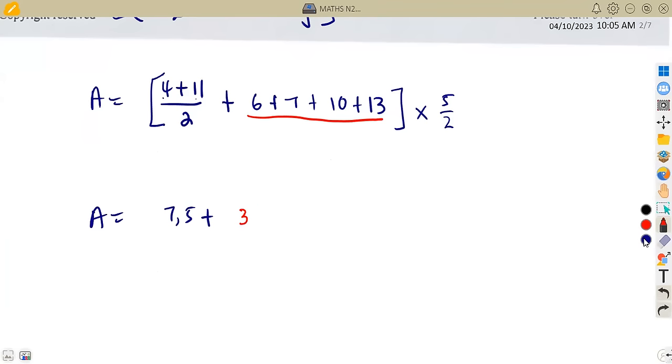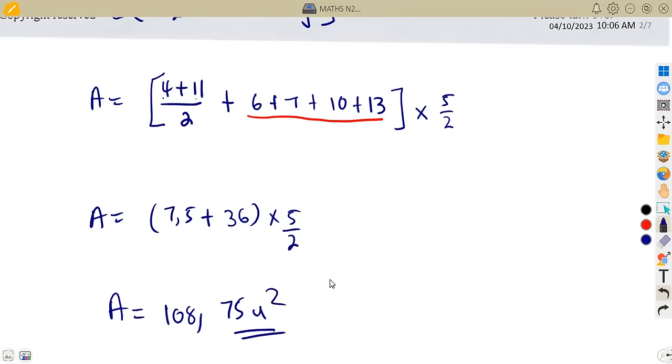Whatever we obtain here, we multiply by 5/2, and that gives us the area. So our area is 108.75 square units. Remember, area is measured in square units, so we can just leave our answer like that. All right, so that was our question.